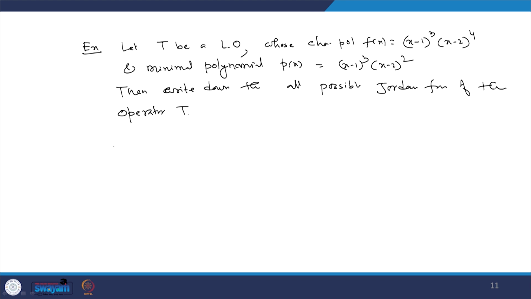T. So, the Jordan form will be like this, one is J equal to diagonals.